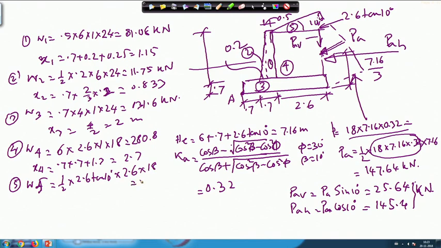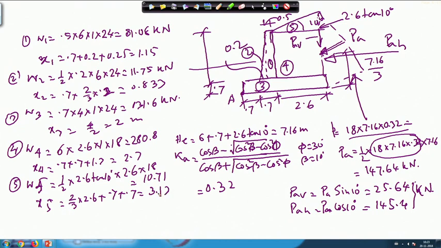So, that gives you 10.71, and your lever arm, suppose x 5 lever arm, will become 2/3 of 2.6 plus 0.7 plus 0.7. So, that will give you approximately 3.13.